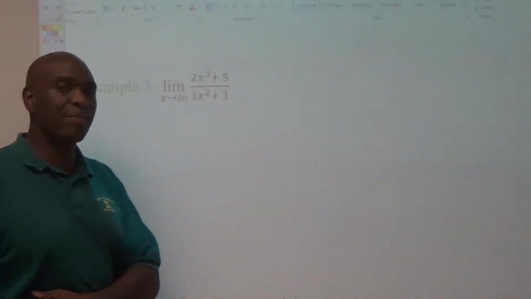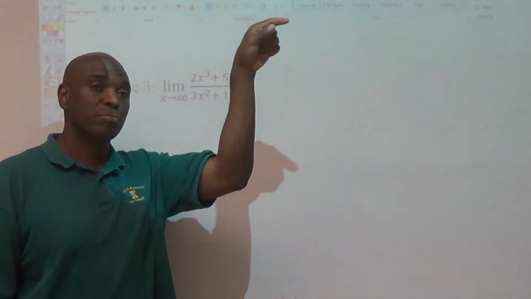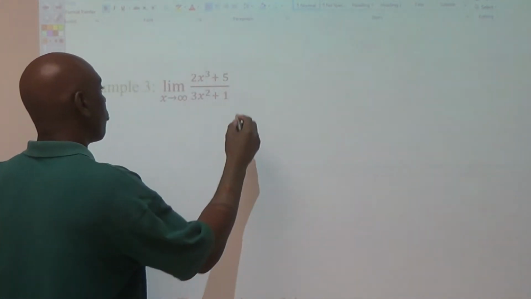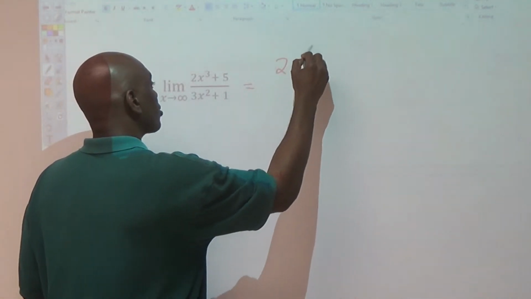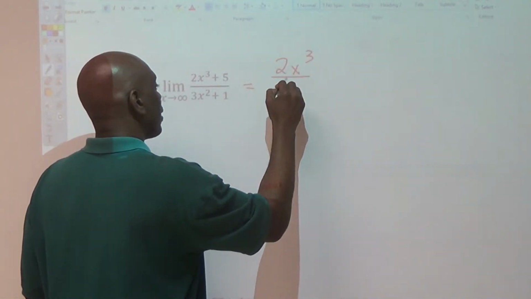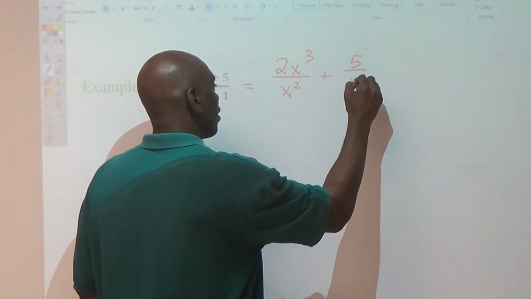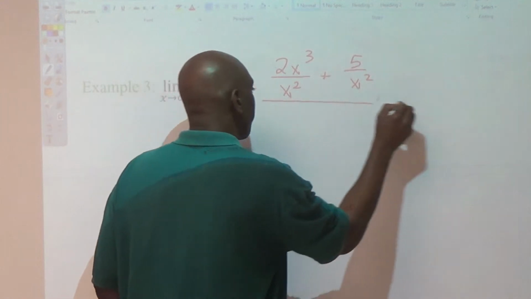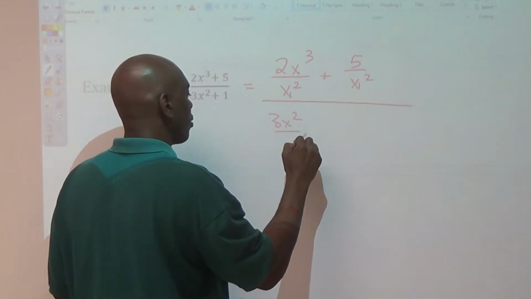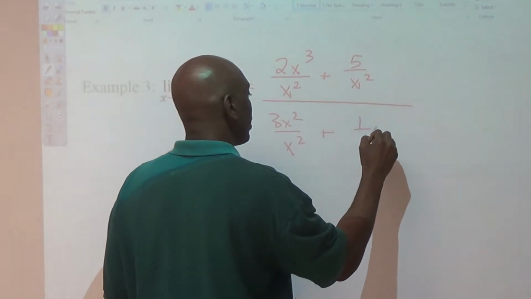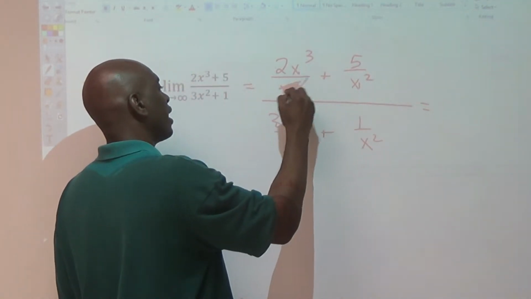Well, now we have to divide everything by the highest power in our denominator. Okay. 2x cubed divided by x squared plus 5 divided by x squared, all over 3x squared divided by x squared plus 1 divided by x squared. It's going to give us, start canceling, the x squared canceled.